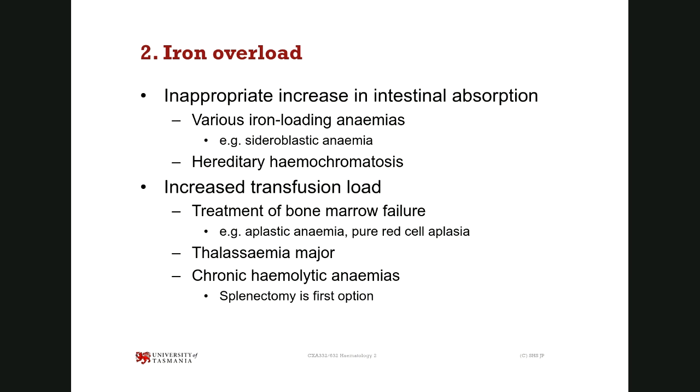And you can see from this list that there are two major instances where we can get iron overload, inappropriate increase in intestinal absorption, and we've just been talking about sideroblastic anemia, so that's an example of an iron loading anemia. There are others there.